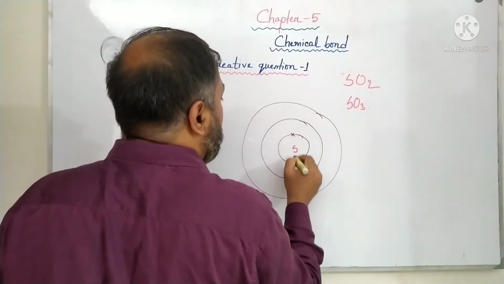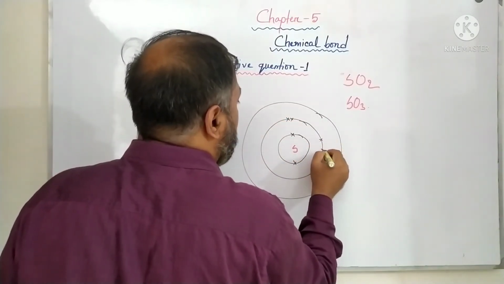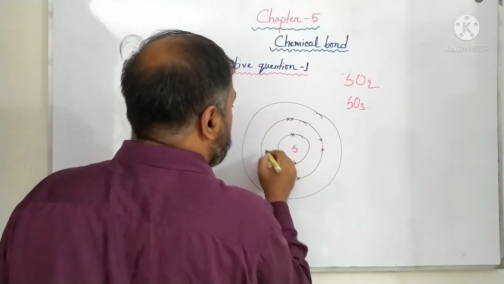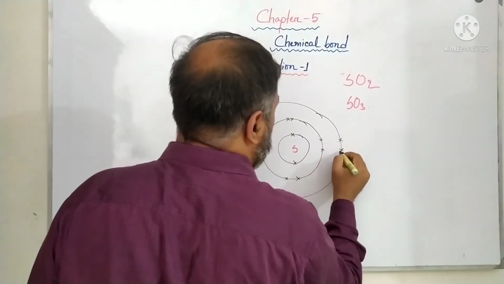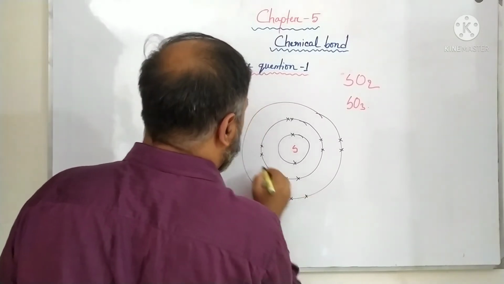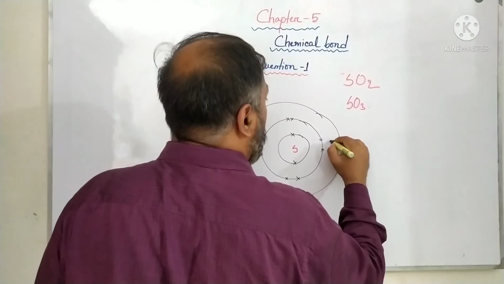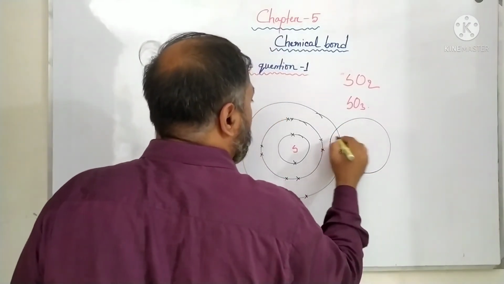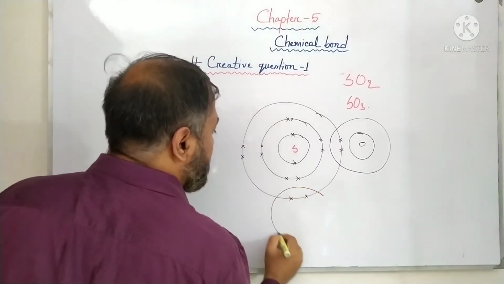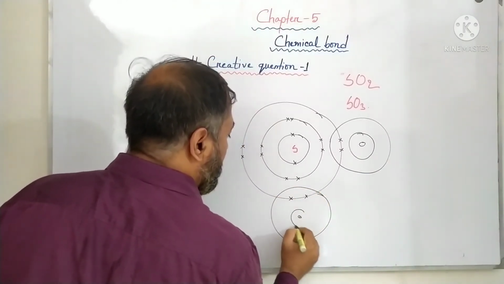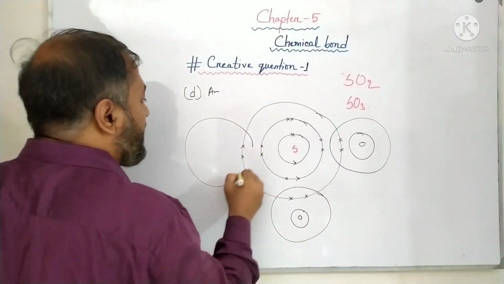In the first energy shell there are 2 electrons and in the second energy shell there are 8 electrons, and in the third energy shell we can see, in this place one oxygen atom will arrive and form a chemical bond. In this place another oxygen, and in this place another oxygen.